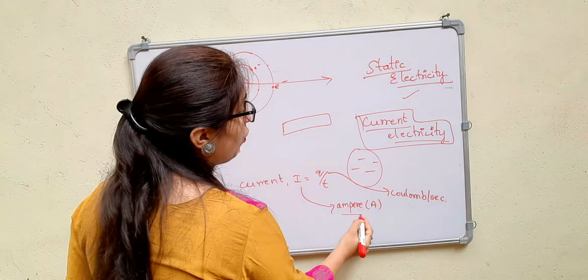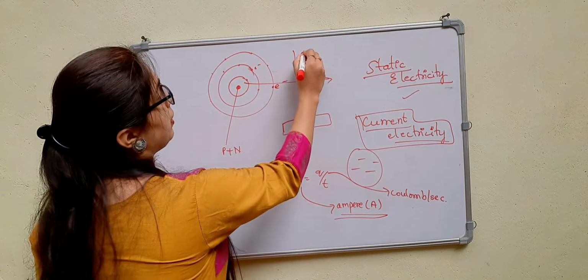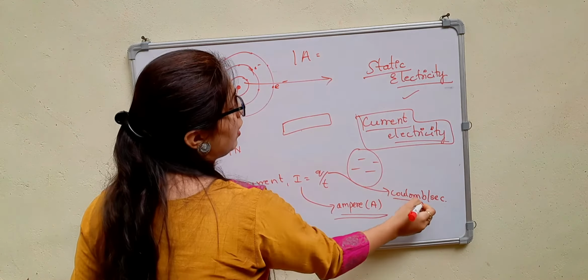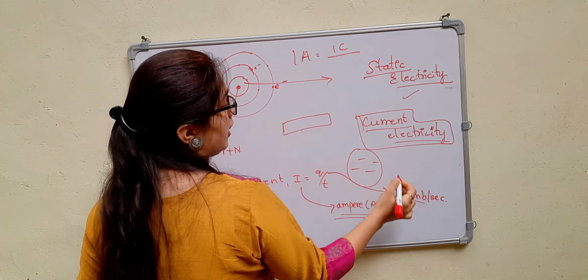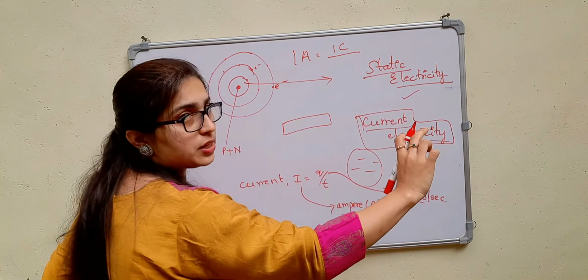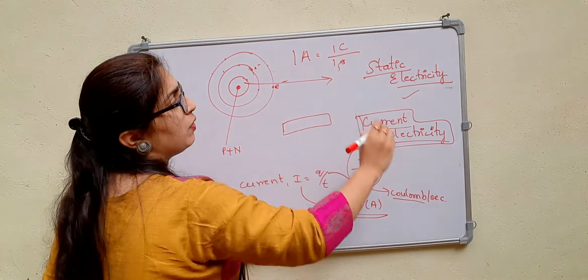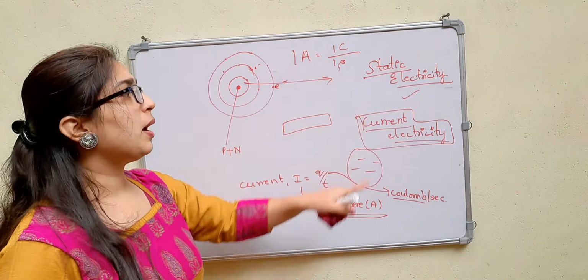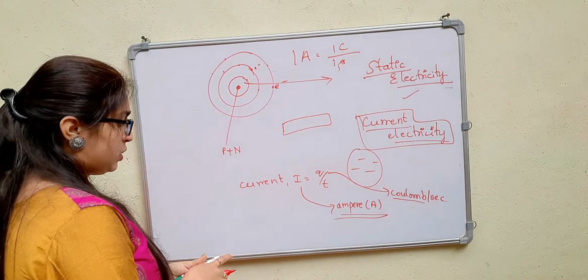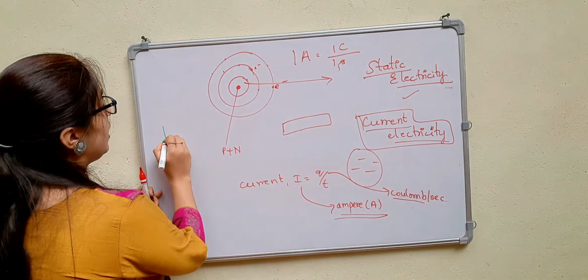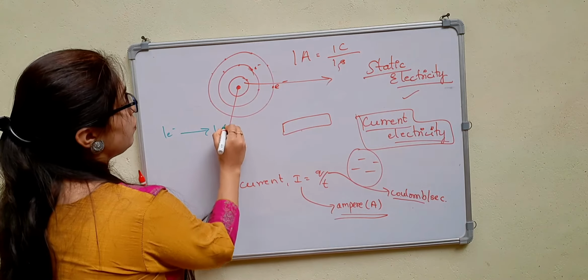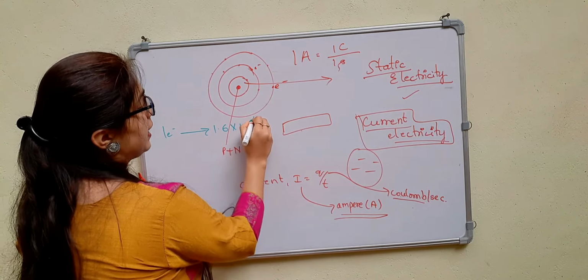The current flowing is said to be 1 ampere if 1 coulomb of charge flows through a cross section of a conductor in 1 second. That is 1 ampere.